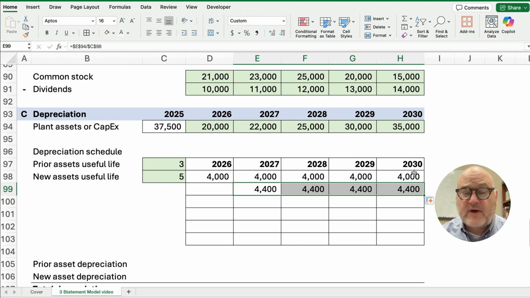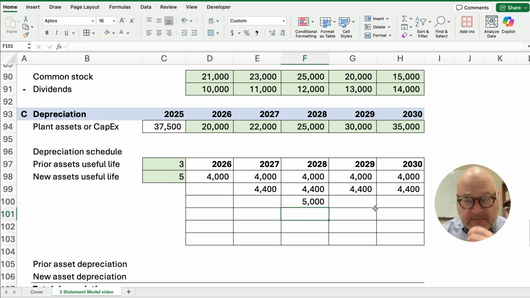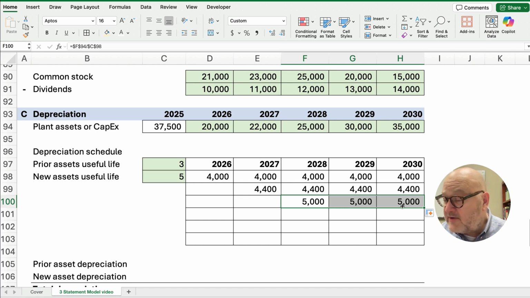Our model goes to 2030. Then in 2028, we buy $25,000 more. I'll do this quickly here. So it's going to be 5,000 each of the 3 years.